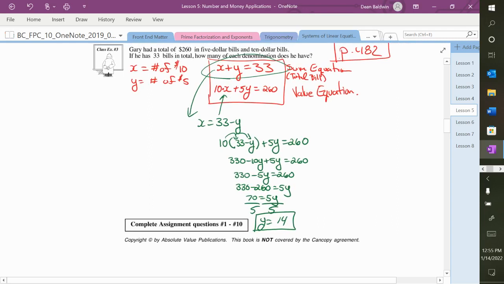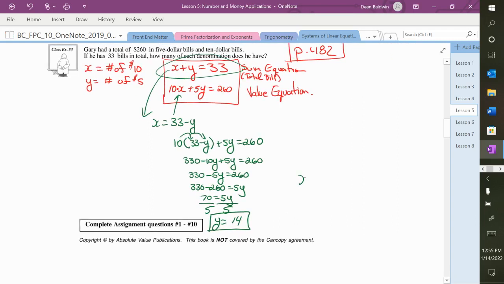I think that's what you did. So once you know y, you can plug it into this equation. So x is equal to 33 minus y, which is 33 minus 14, which is 19. So that means you have 19 $10 bills and 14 $5 bills. Okay? Is that okay? Make a sum equation for the total amount of bills or coins. Make a value equation for how much money you have, and then just solve.